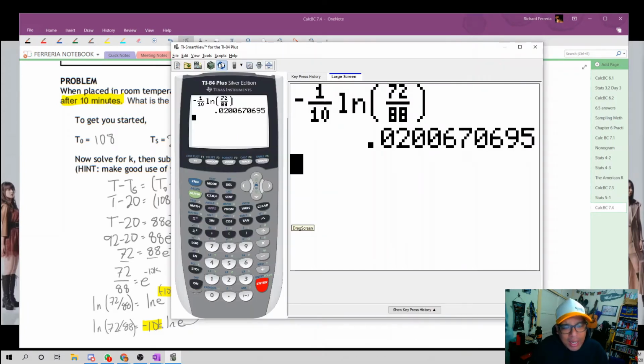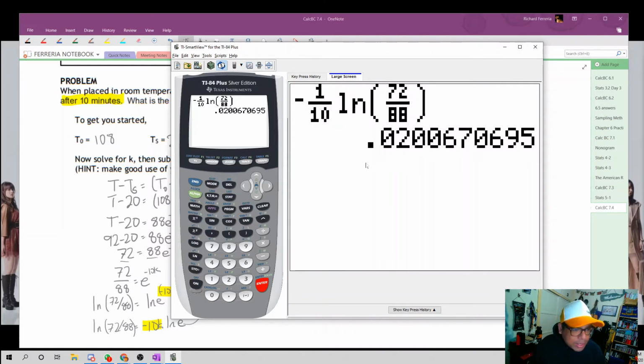If you decide to use this number, please don't round it, especially with exponential equations. Just using the first three digits here, 0.02, is really going to change your results a lot because of the nature of exponential equations. We're going to be putting this 0.02 into an exponent, so it's going to make a huge difference in our values.